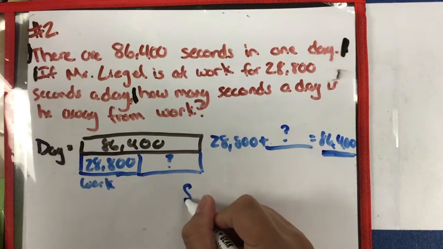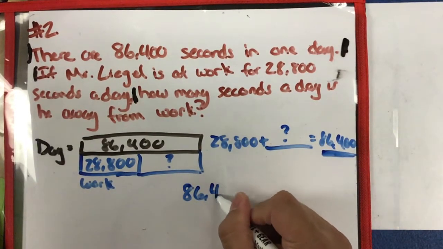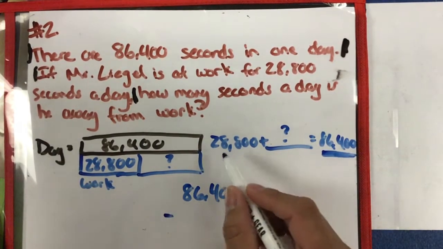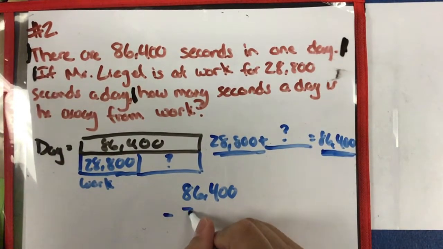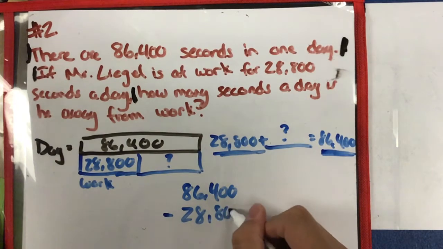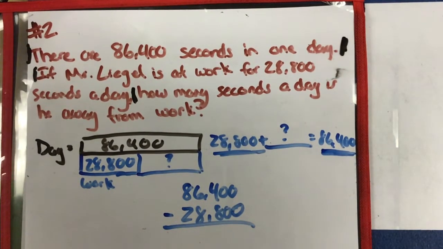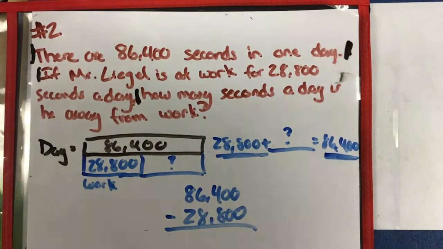So we're going to have 86,400. And we're going to subtract what we know, 28,800. Okay? Now you should be able to subtract it and figure out the answer. Pause the video, give it a shot, and then press play to check your work.